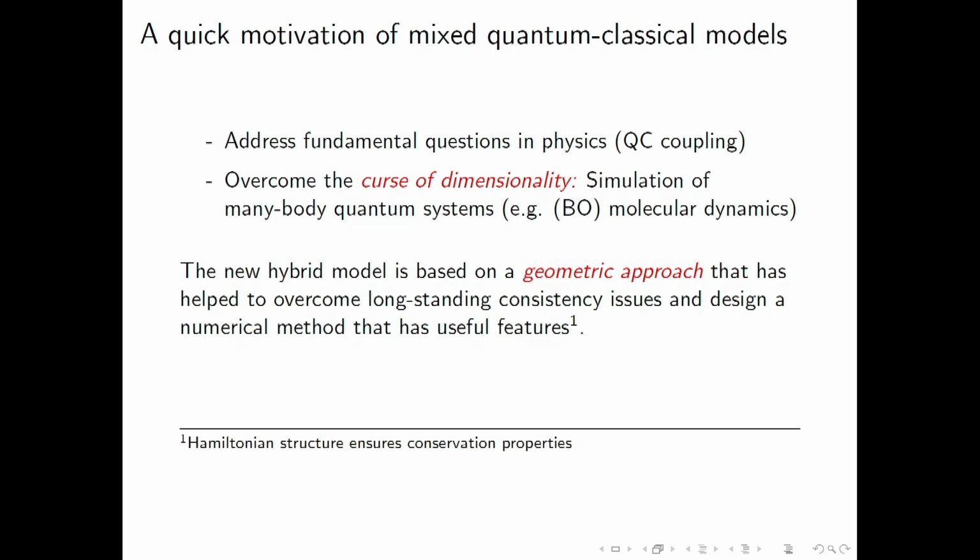And the new hybrid model, which I present here, is based on a geometric approach that has helped, on the one hand, to overcome long-standing consistency issues, and on the other hand, to design a numerical method, the Koopmans method, which has useful features. And when I say useful features, I'm referring to the underlying Hamiltonian structure, which is favorable for the numerical implementation, as we have conservation properties.